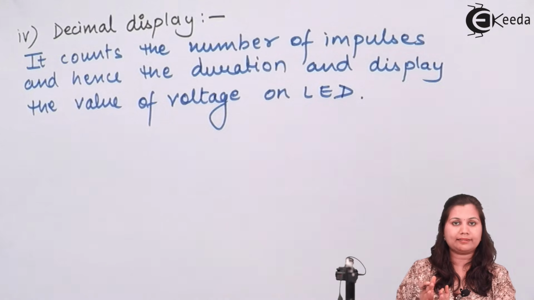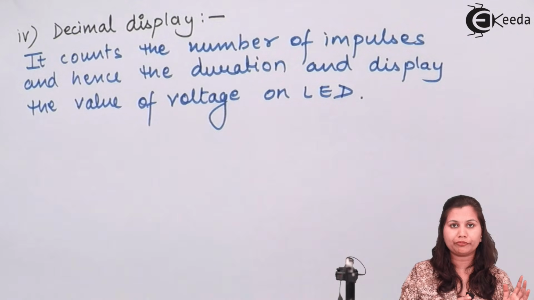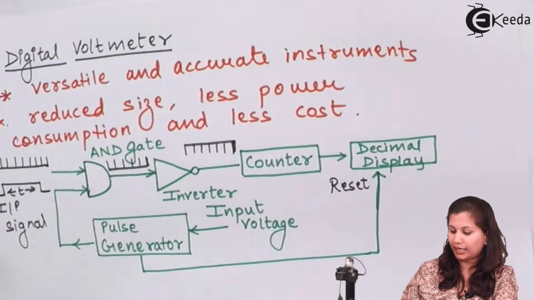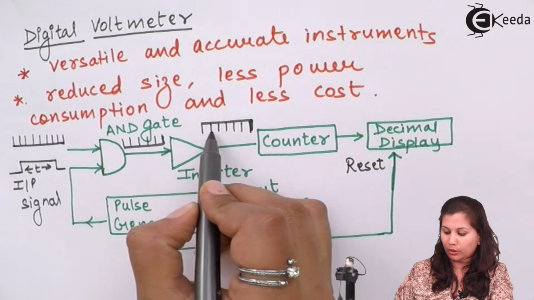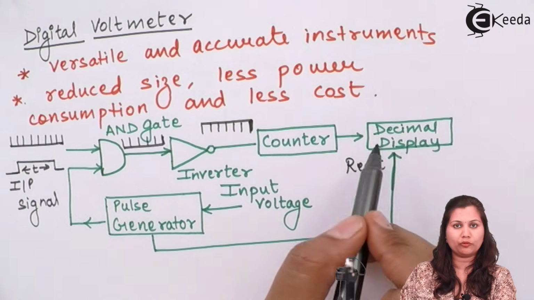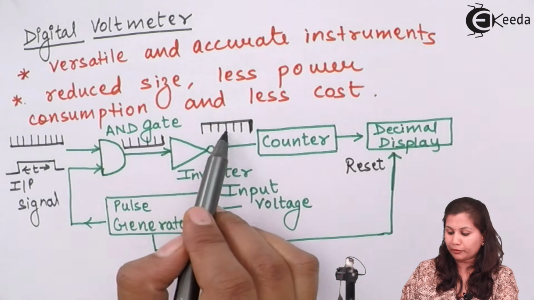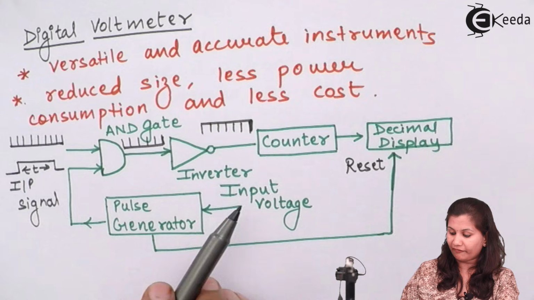So this counter and the display unit are going to count the number of impulses. Here you can see that these pulses are going to pass through the counter. It is going to count these pulses and then display them over the LED. This number of impulses will be equal to the input voltage. Why?